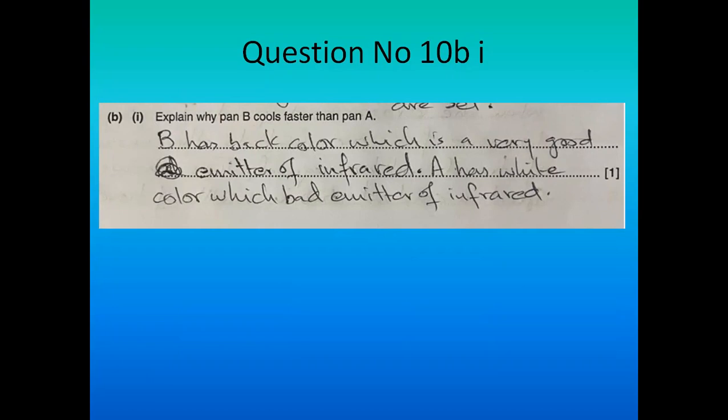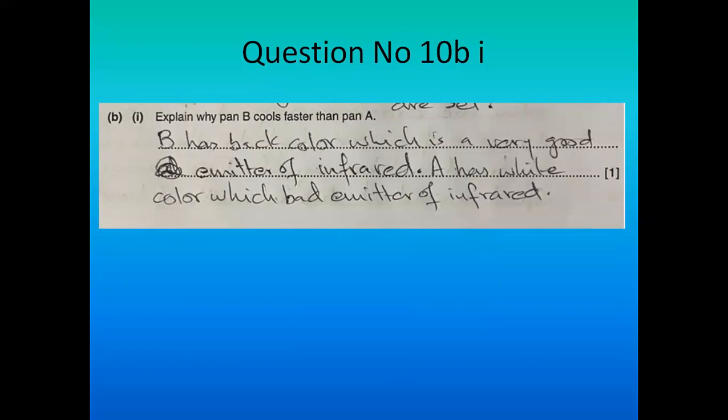Because black is a very good radiator or emitter of infrared radiation, and white is a bad emitter of infrared. So for the black one, saucepan B, the hot water in it will cool faster. That's why its temperature dropped more.